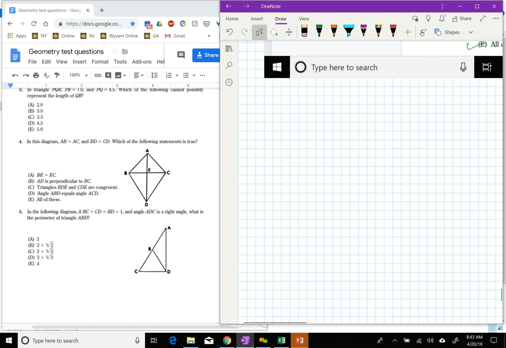So if that's 1, I know it's one of the special triangles, right? That's 45.